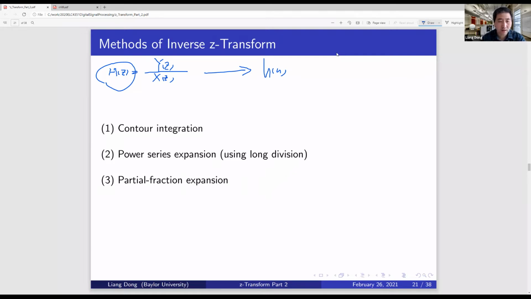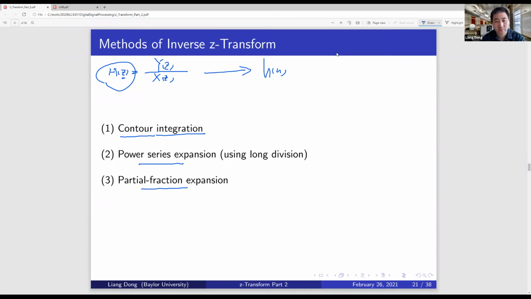Inverse Z transform itself is a contour integration because Z is a complex continuous variable. And we have to do an integration, and it's contour integration. It's in the complex variable space. It's quite involved. So we are thinking about some other ways to deal with this problem. And then we end up using the power series expansion using long division and doing the partial fraction expansion to find the result.